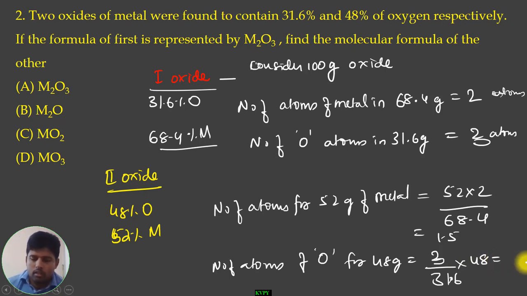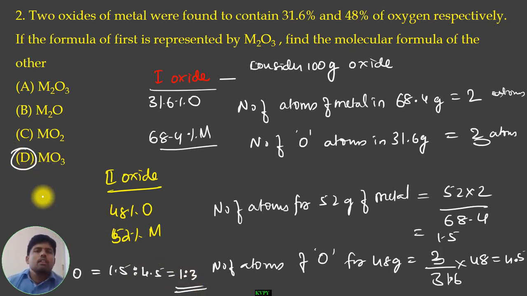This will be 4.5. So now we can easily make out metal to oxygen is equal to 1.5 to 4.5, which is equal to 1 to 3. So you easily get option D.